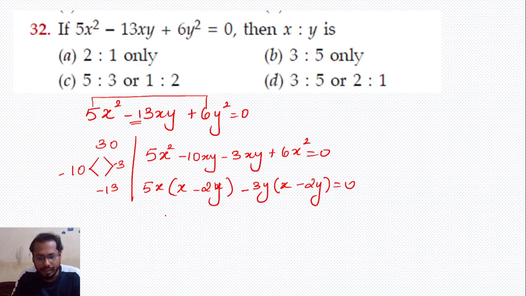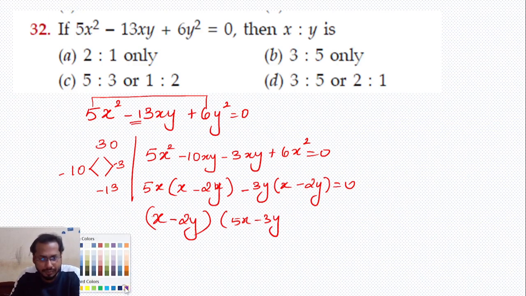So we can write, be careful, it has to be written: x minus 2y is one factor, then 5x minus 3y. Yes, see, look at this guys, this both are same.